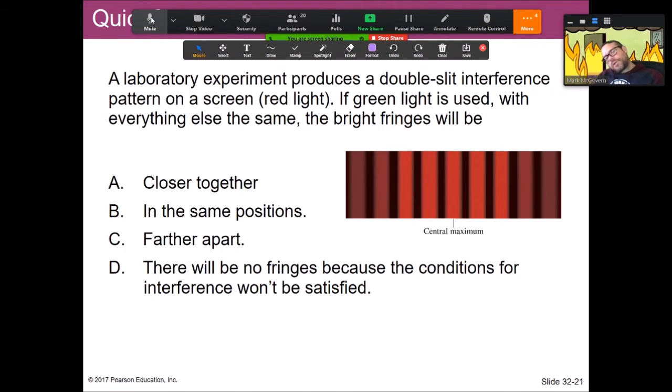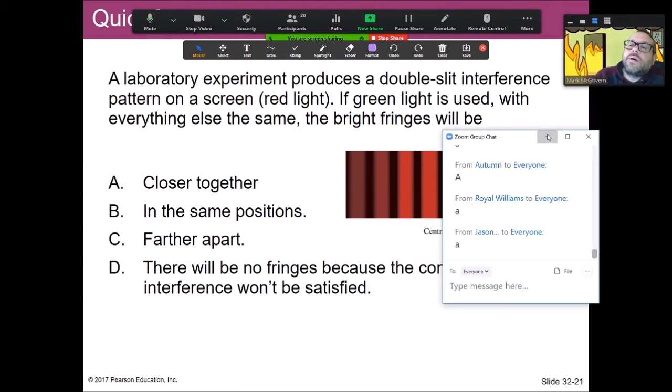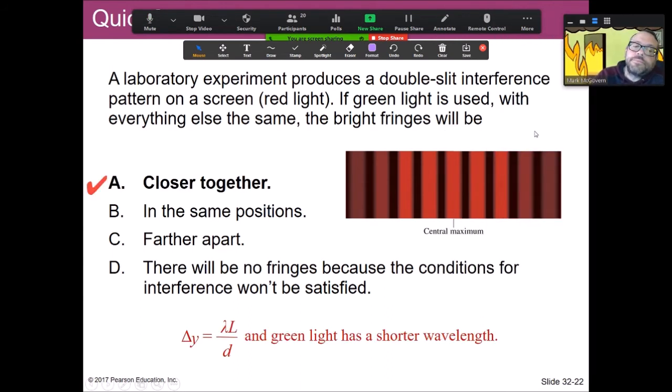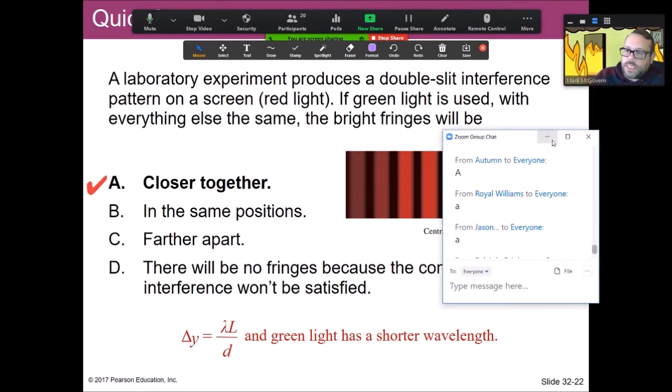So what do you think's going on here? Green light's like the lower 500 nanometers or so. No fooling you here. Got it. Lower wavelength, tighter fringes. Absolutely.